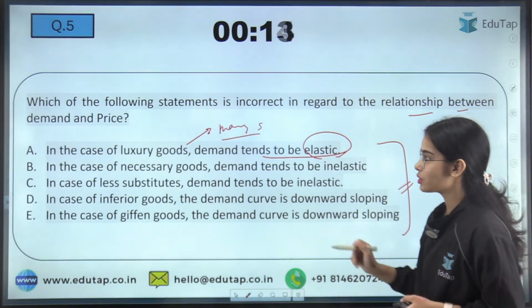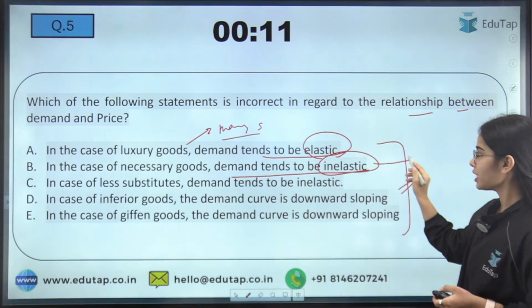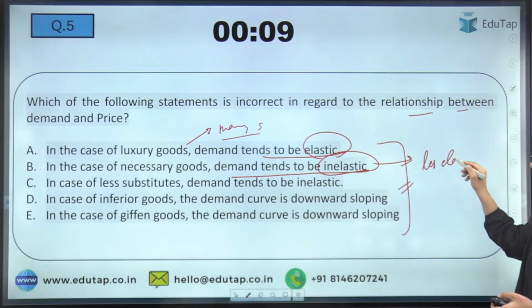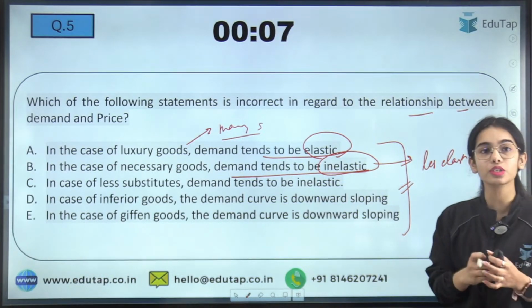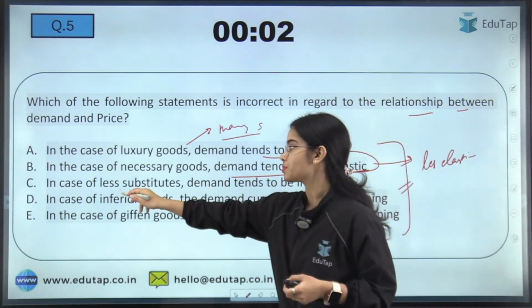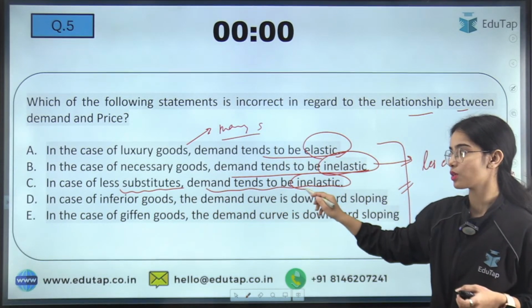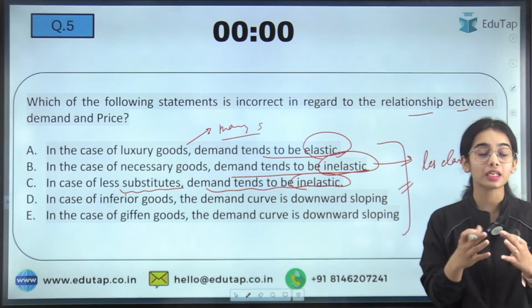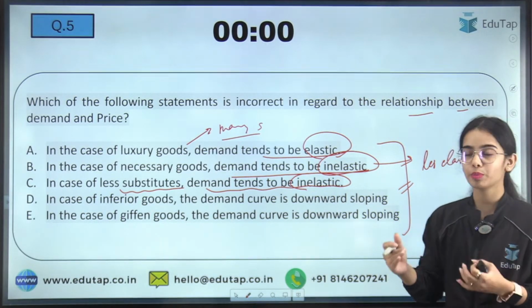In case of necessary goods, demand tends to be inelastic. Inelastic means less elastic, we can say. So yes, in case of necessary goods, there is less elastic demand. In case of fewer substitute goods, demand tends to be inelastic also, that is also correct. If you have fewer substitutes, demand tends to be inelastic.